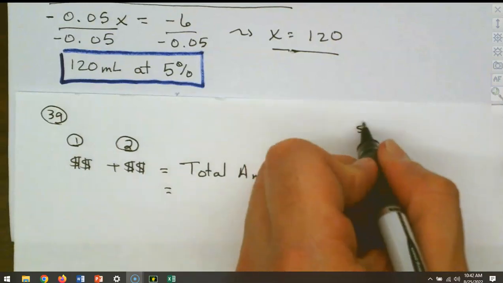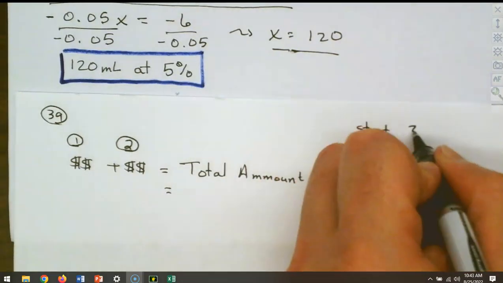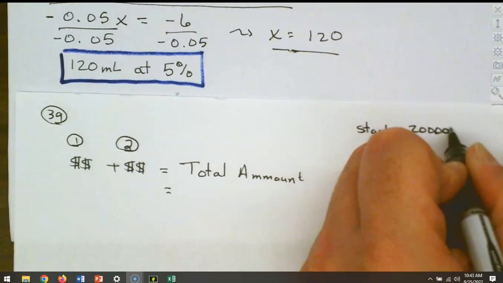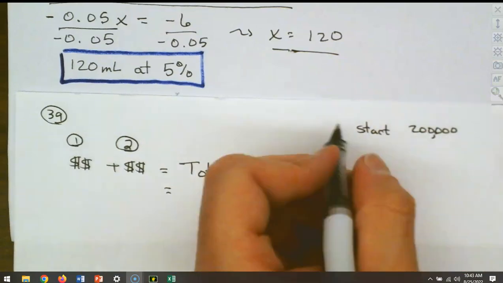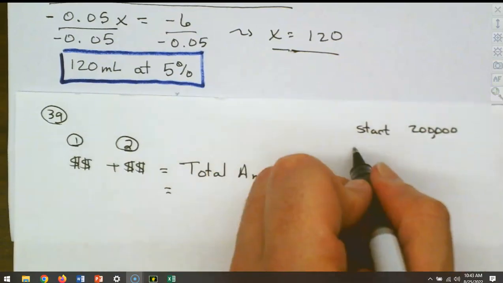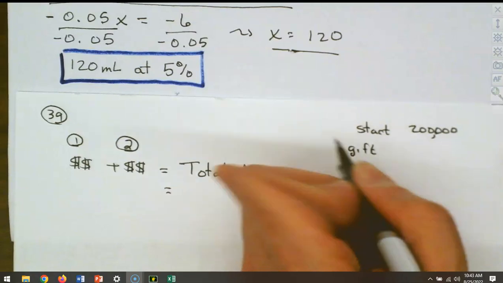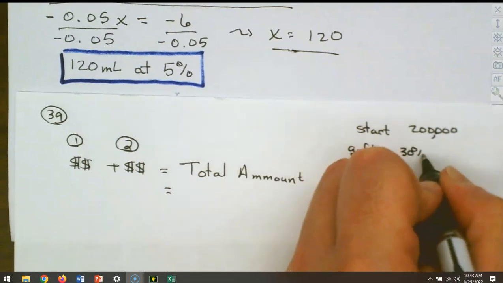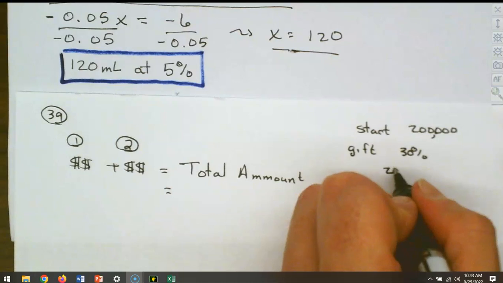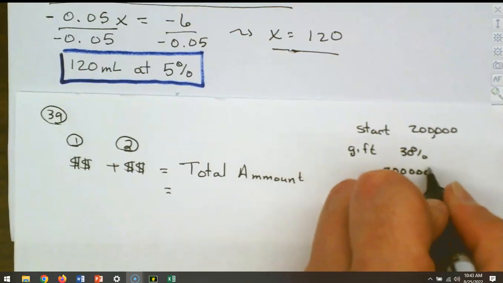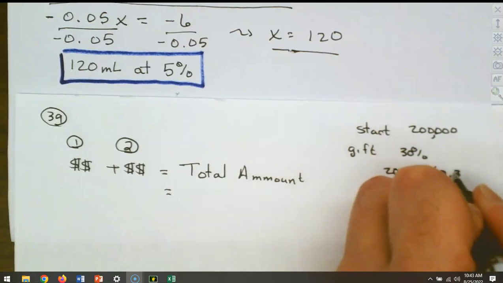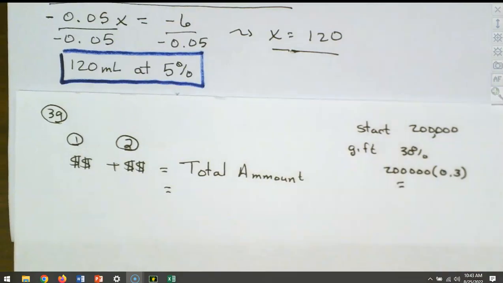So we started with $200,000. And then that gift is going to be 30%. So she gifted away 30%. So that's 200,000 times 0.3.